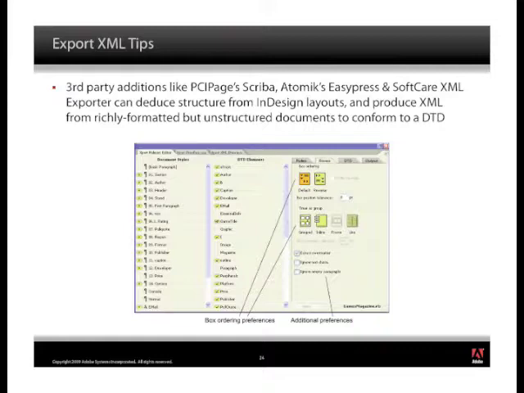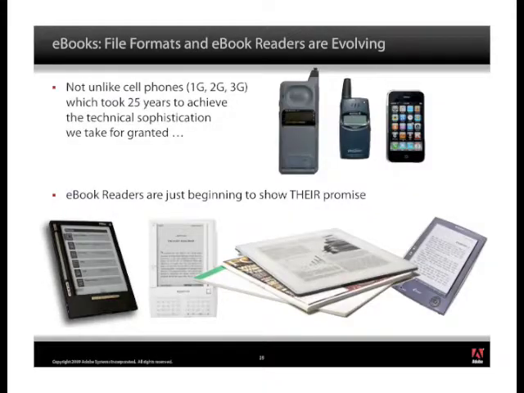Now, in terms of eBooks, the file formats and the readers are evolving very rapidly. I remember my first cell phone didn't do very much and the battery didn't last very long. The combination of screen display, which was also very small, battery life, portability, and cost are what determine or gauge how fast these ebook readers are going to evolve.